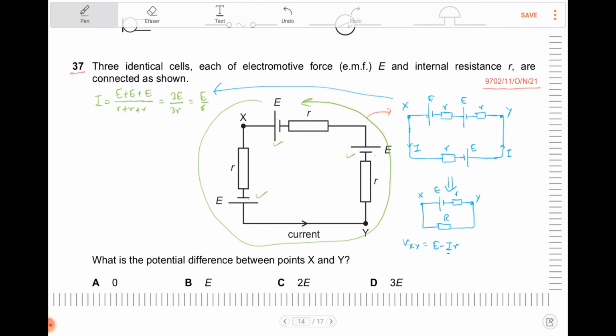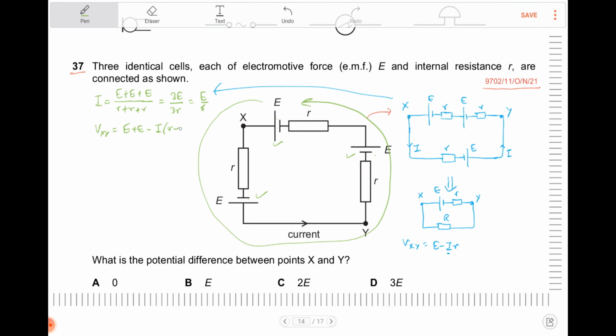Now the PD across X and Y, which is the terminal PD, VXY, should be equal to the total EMF here. The total EMF here is E plus E, 2E. So it is E plus E minus I into the resistance here. The resistance here is r plus r.